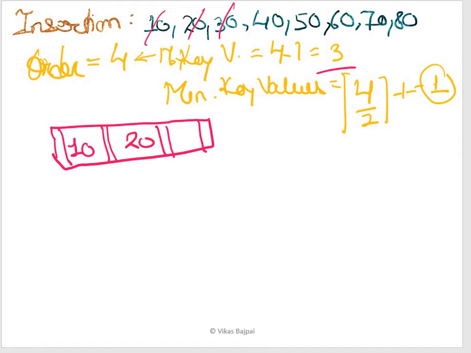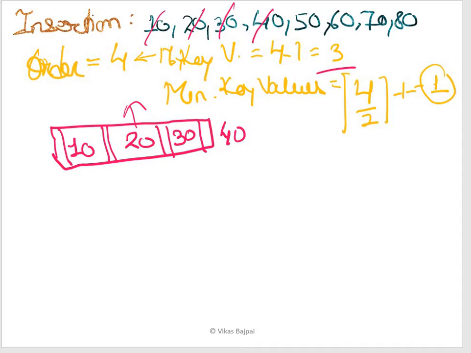Next is 30, I'm inserting 30. So till this point it's fine. The moment we see 40, here we see some problem. So what we can do is bring this particular thing up.